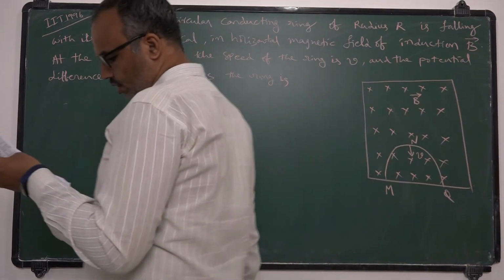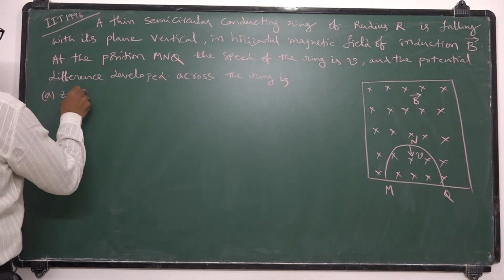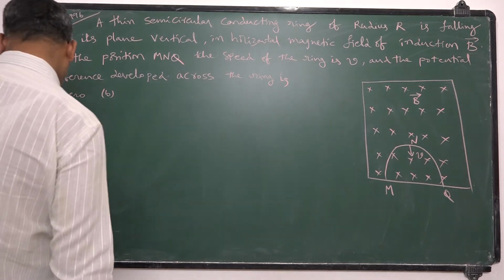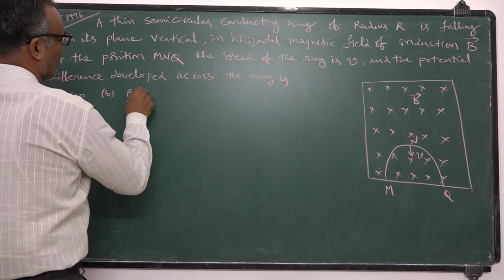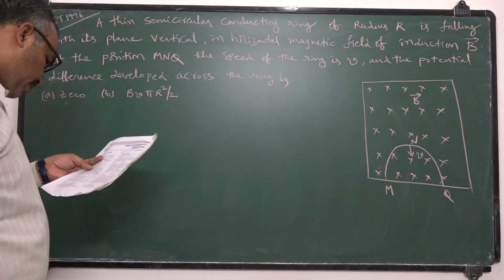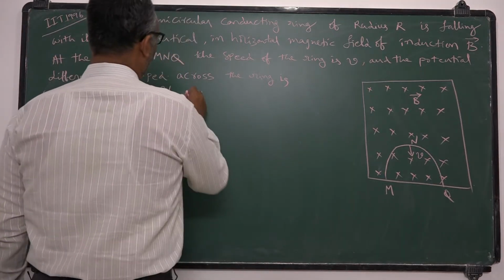The options given for this question: first option is 0. Second option, BV pi r square by 2, and M is at higher potential.